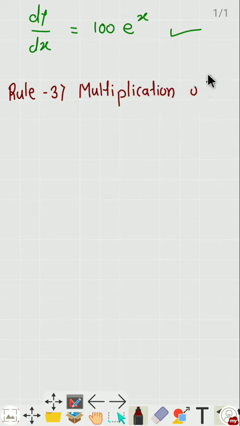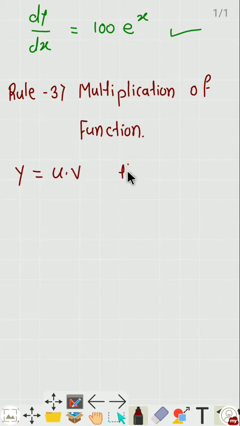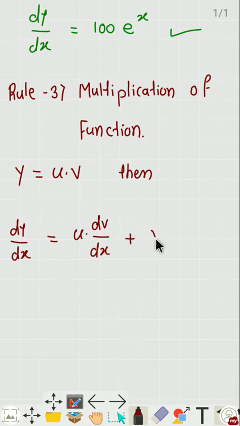Okay, and rule is, if y is a product of two functions u and v, where u and v they are functions of x, then the rule for differentiation of this function, derivative of function y is equal to u into derivative of v with respect to x plus v into derivative of u with respect to x. Okay, so this is the way of writing rule.